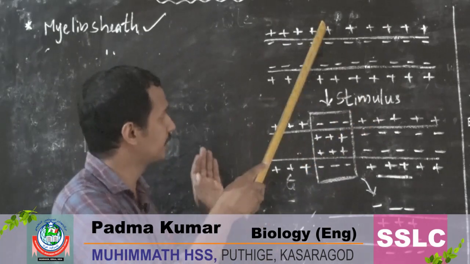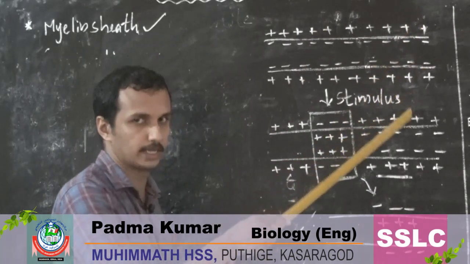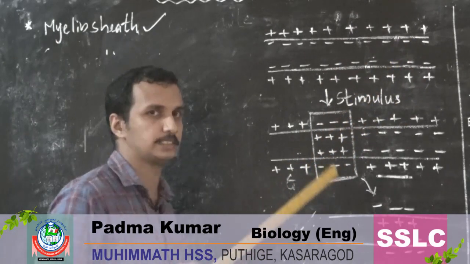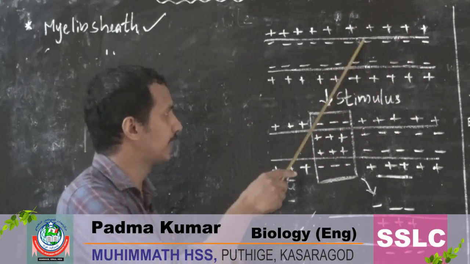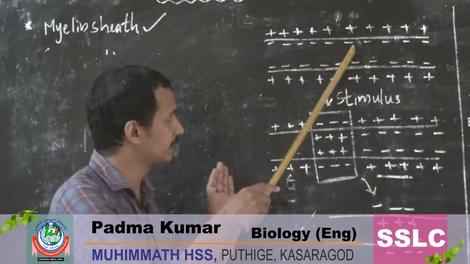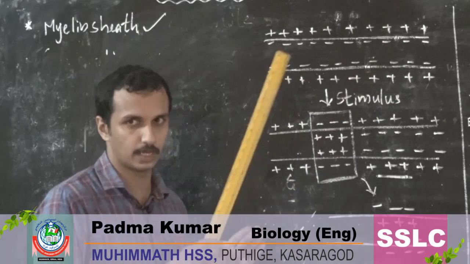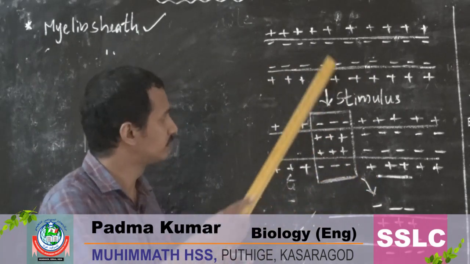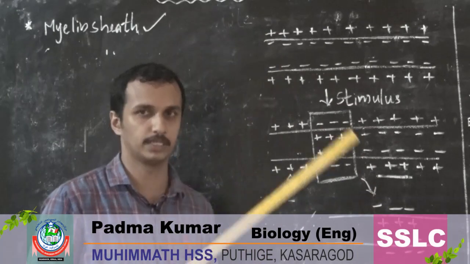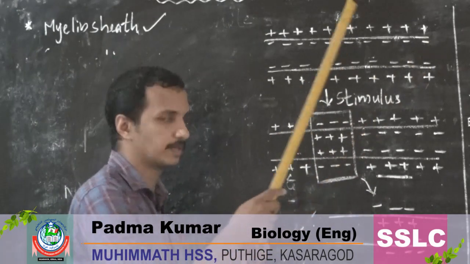That means there is an equilibrium of positively charged ions outside and an equilibrium of negatively charged ions inside the plasma membrane. So the outer side is positively charged because positively charged ions are present there, and negatively charged ions are present inside.